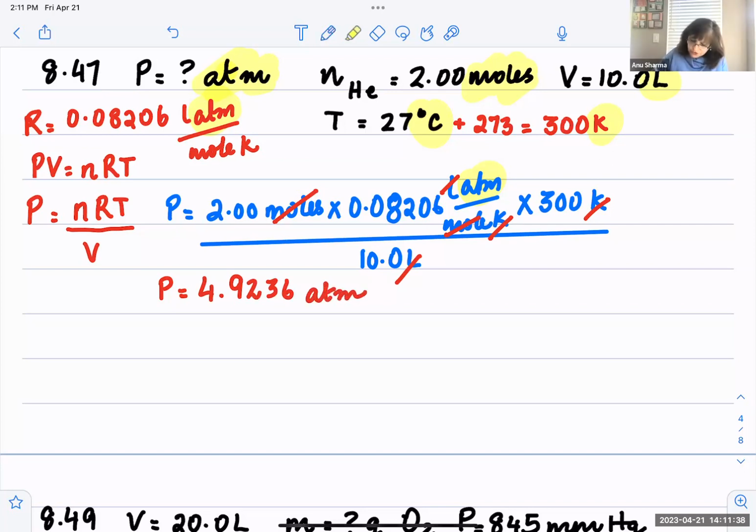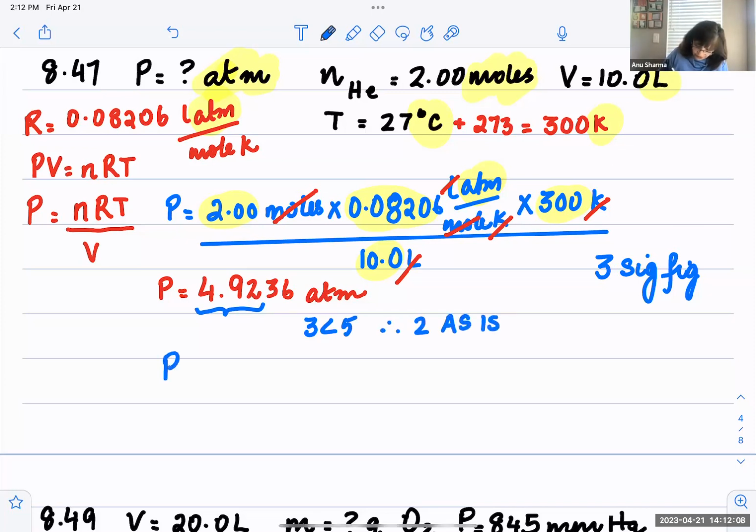Now, which numbers to use here? 2.00 is 3 significant figures, 10.0 is 3 significant figures, 300 is 3 significant figures, and this one is 5 significant figures. So the answer should be 3 significant figures. If we do that, we keep these numbers, and 3 is less than 5, therefore 2 remains as is. So the pressure is 4.92 ATM, and that is the answer.